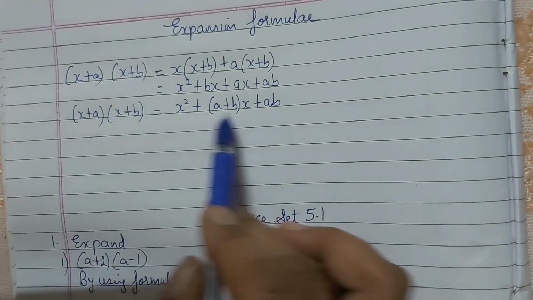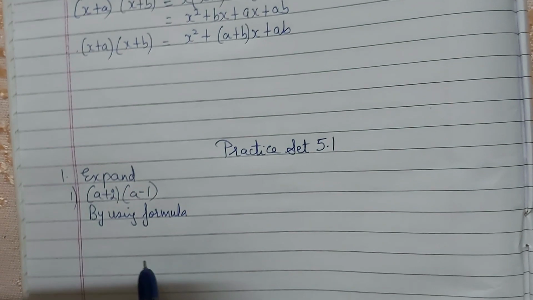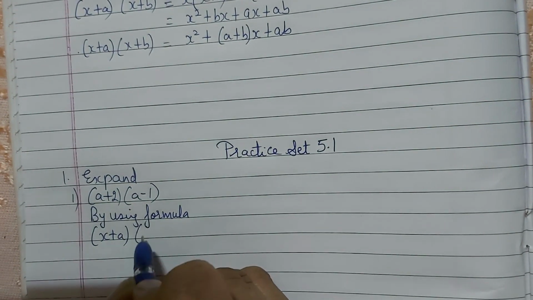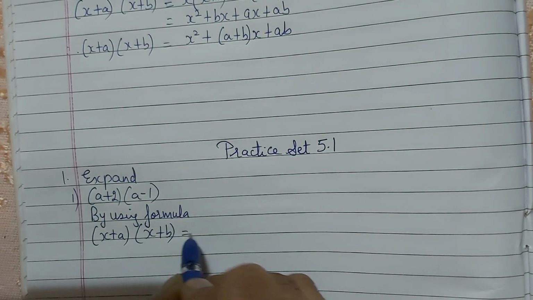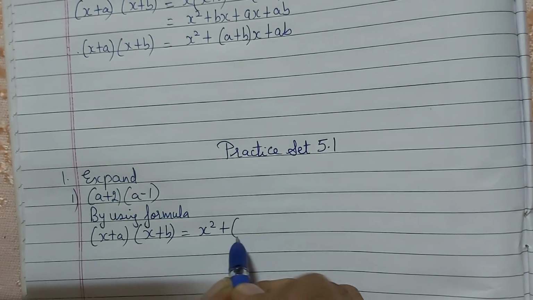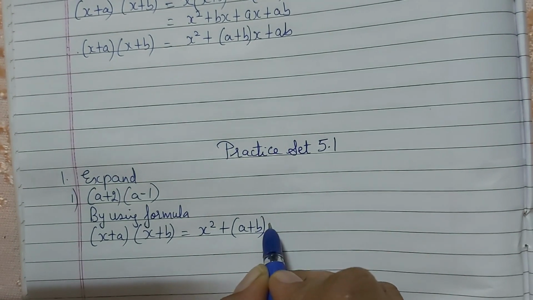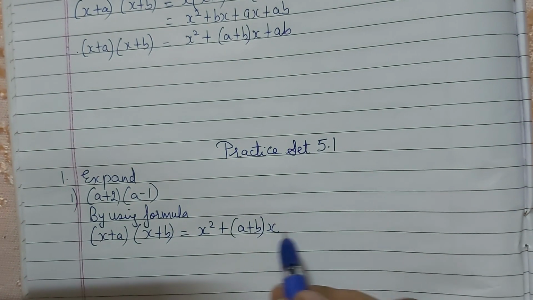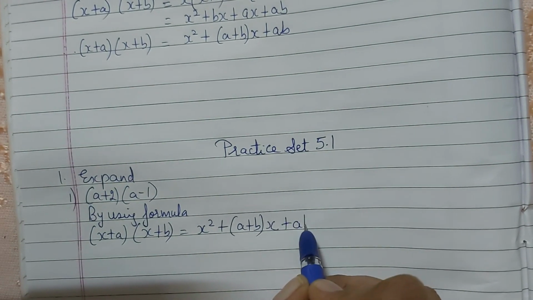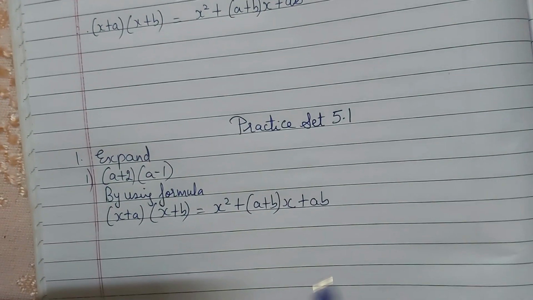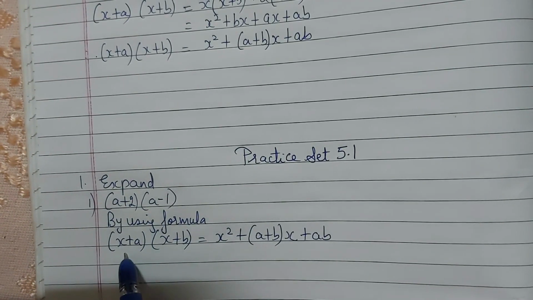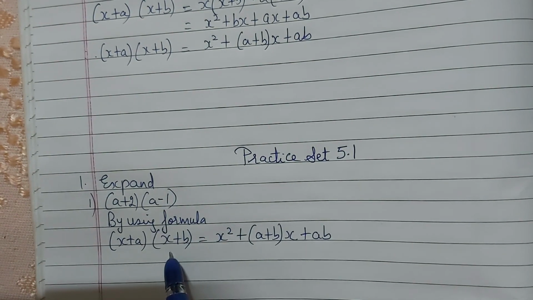So we are going to write this formula over here, okay. (x + a)(x + b) is equal to x square plus (a + b) in the bracket multiplied by x. We don't put a multiplication sign, we only have to write x, okay. This is understood as multiplication, plus a multiplied by b is ab. Now this whole thing we are going to write below this bracket, okay. This bracket below this bracket and this bracket below this bracket.